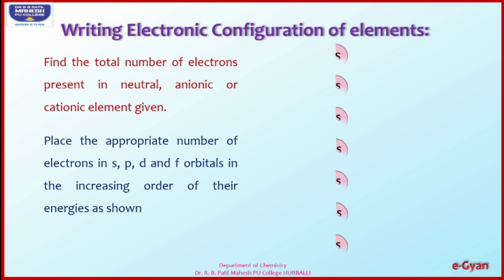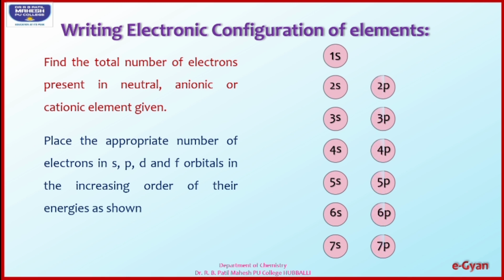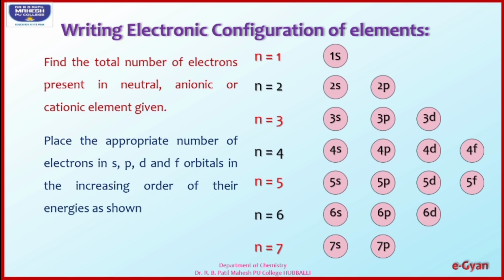What is the order of energy? We see now. This is S orbital, 1s, 2s, 3s, 4s, etc. P orbital, 2p, 3p, 4p, etc. D orbital, 3d, 4d, 5d, etc. and this is F orbital. N is number of shell.